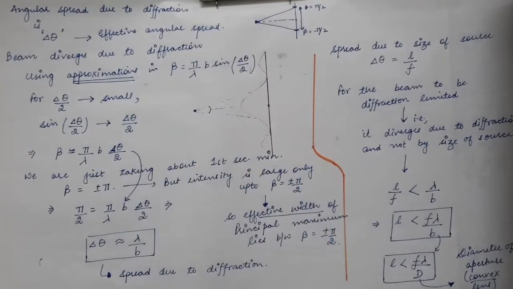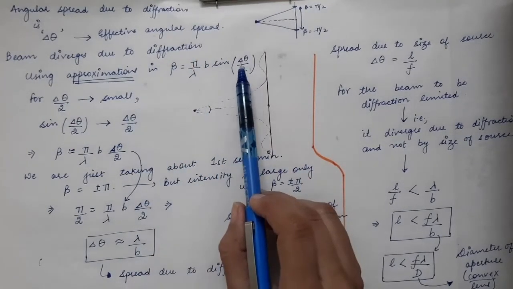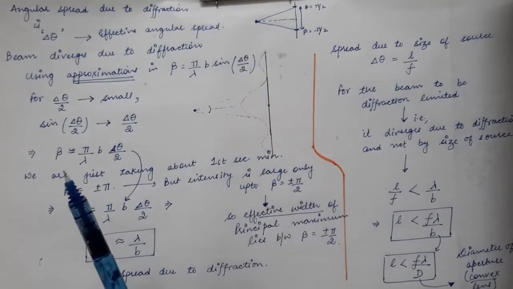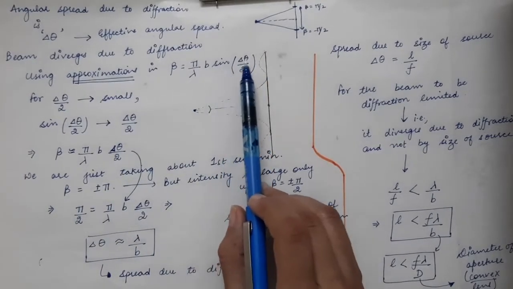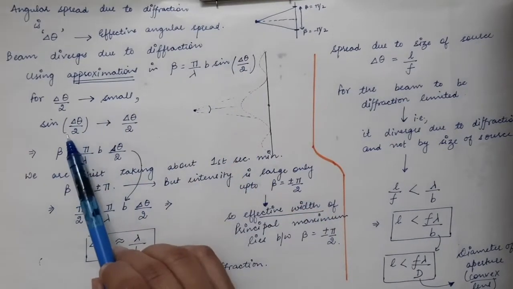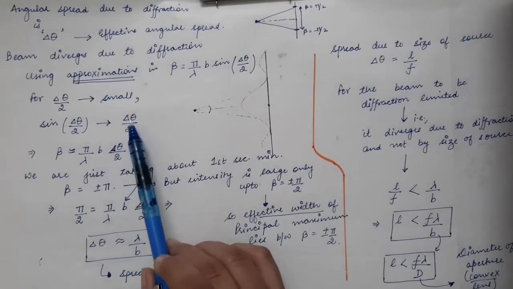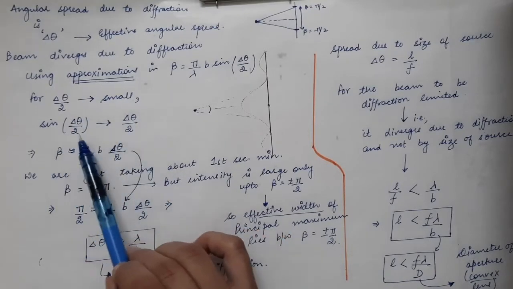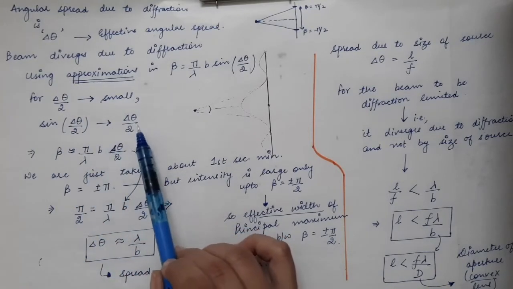Delta theta divided by 2 is the angle of diffraction made with the horizontal axis, and the overall angle, delta theta, is called the effective angular spread due to diffraction. In the case of diffraction, delta theta divided by 2 is considered to be small. So sine of delta theta divided by 2 can be approximately put equal to delta theta divided by 2, because when the angle is small, sine of theta is approximately equal to theta.